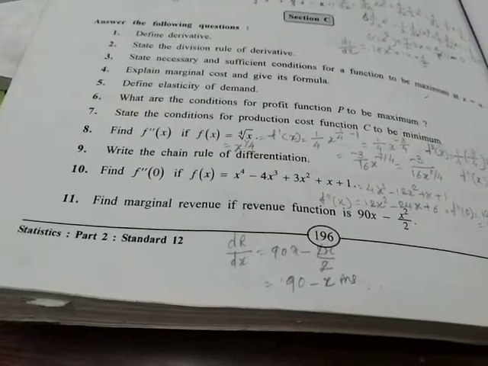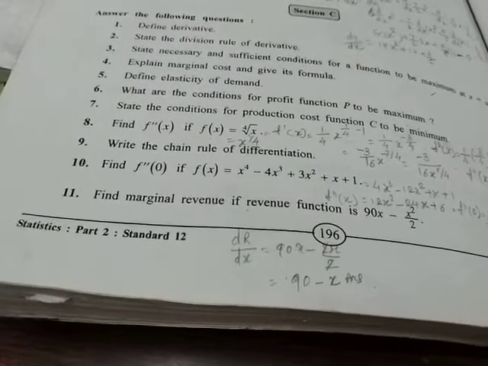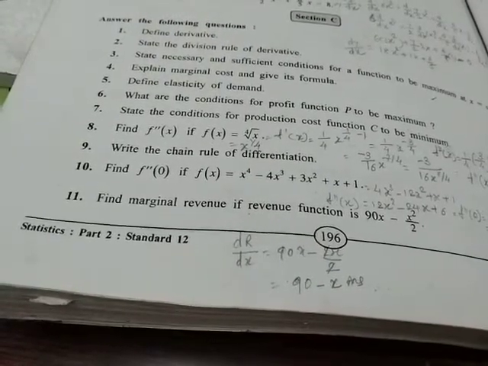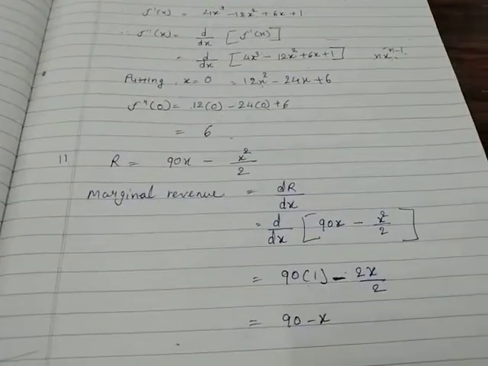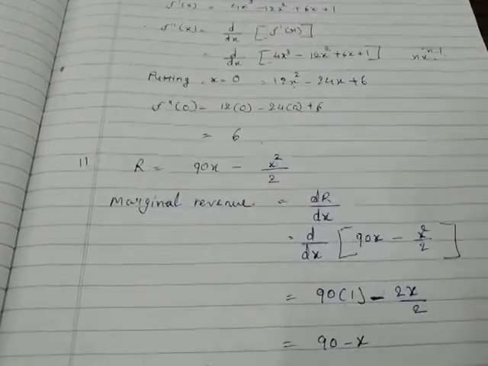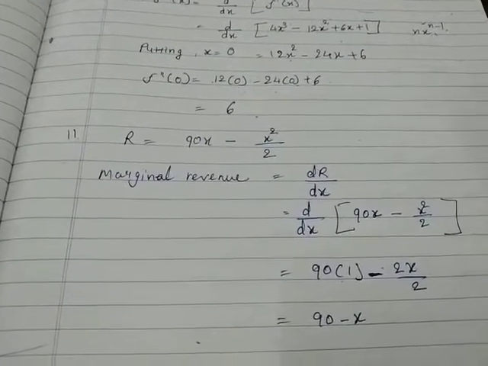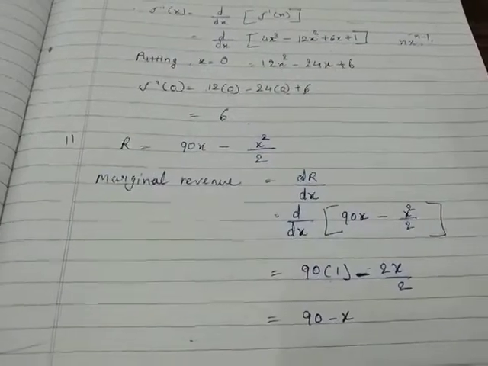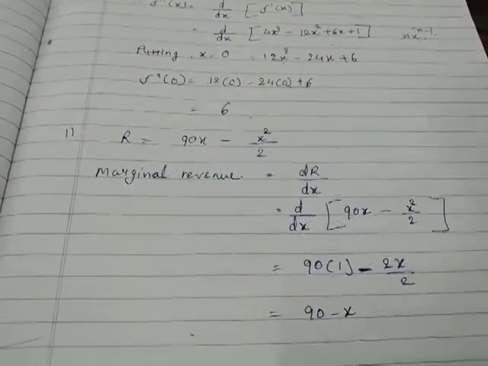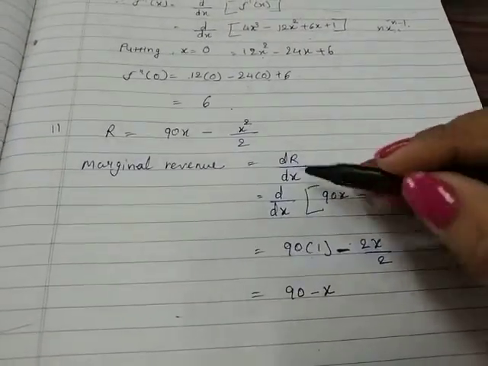Question number 11 now: find marginal revenue if revenue function is 90x minus x square upon 2. Now revenue R is equal to 90x minus x square upon 2, is given. So here we apply the formula of marginal revenue. We convert this R into dR upon dx, right?